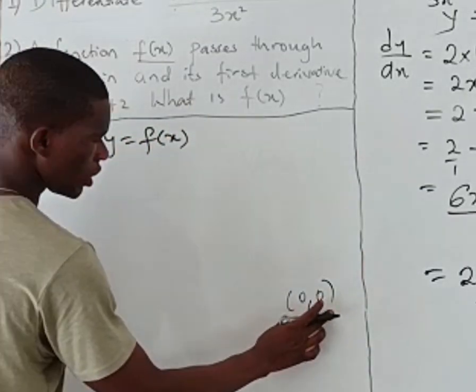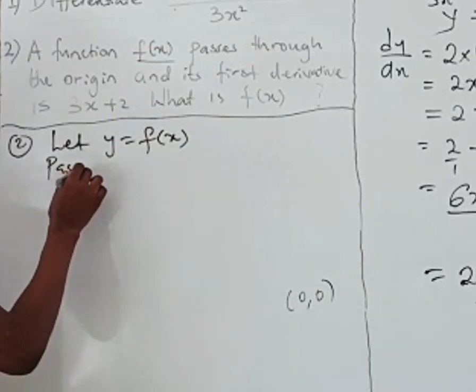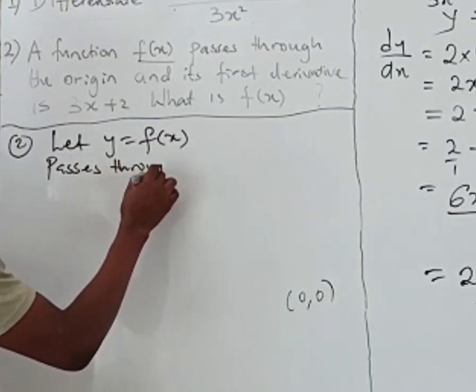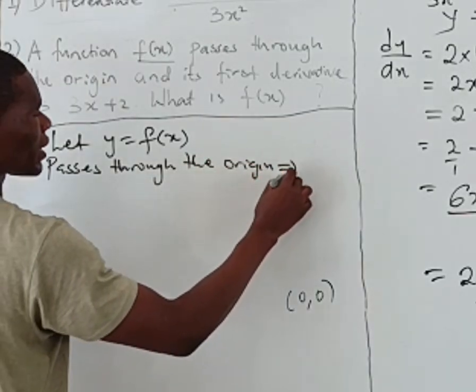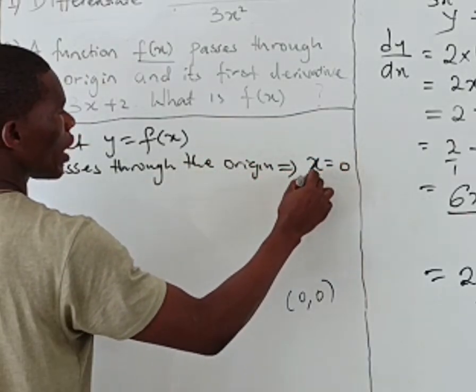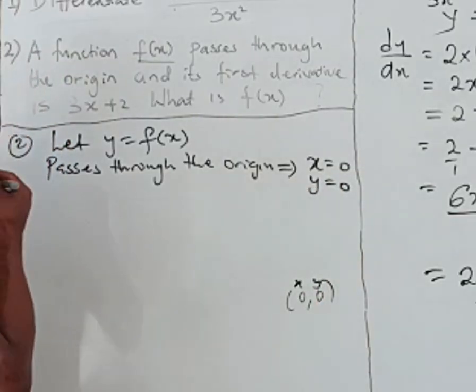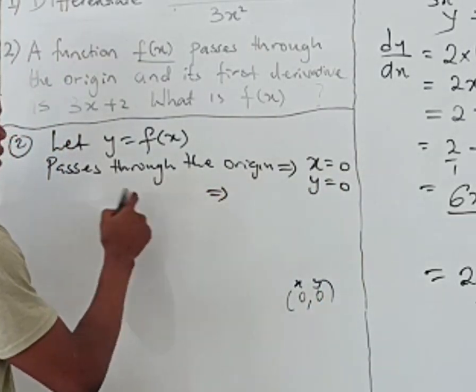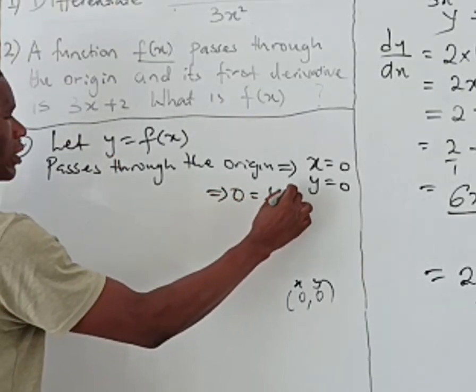Now it passes through the origin. So this implies that x equals 0 and y equals 0. As you can see, x coordinate, y coordinate, right? So now that implies that y is 0 when x is 0.